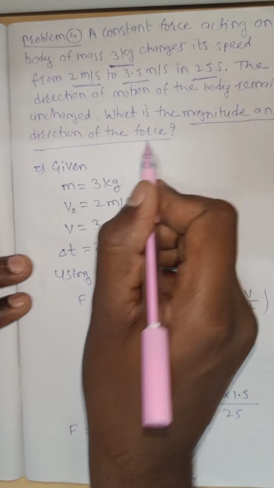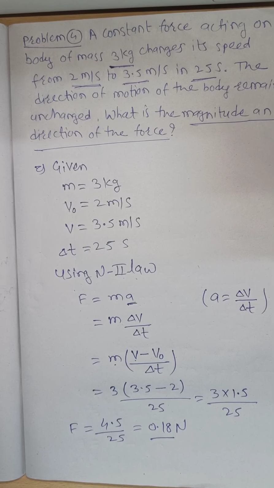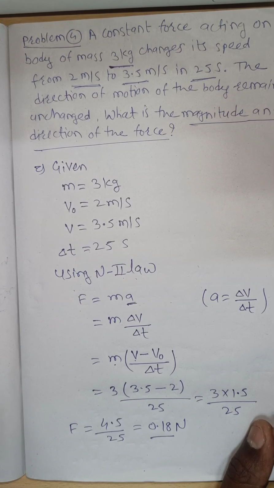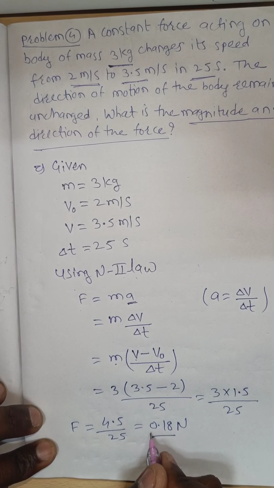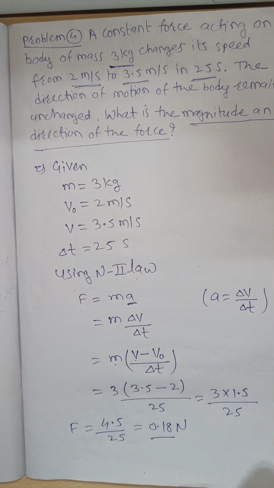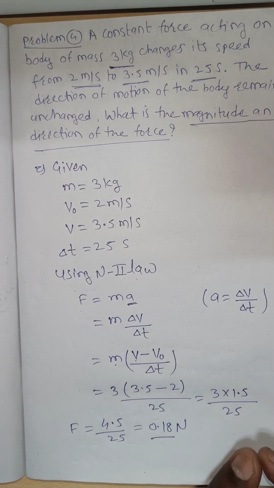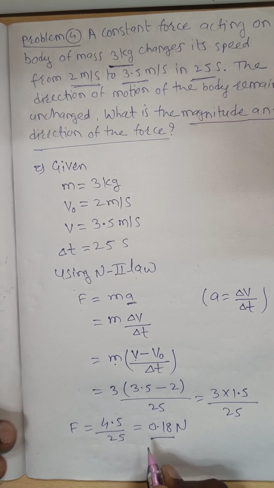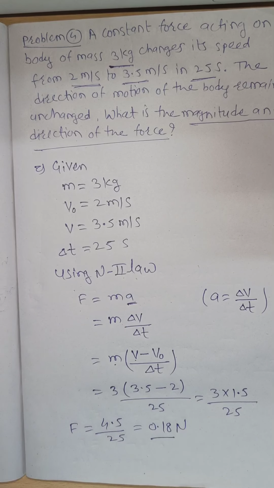Then what is the direction of force? Here force is positive, therefore it is in the same direction as that of motion. If the force is negative, then the direction of force is opposite to that of motion.